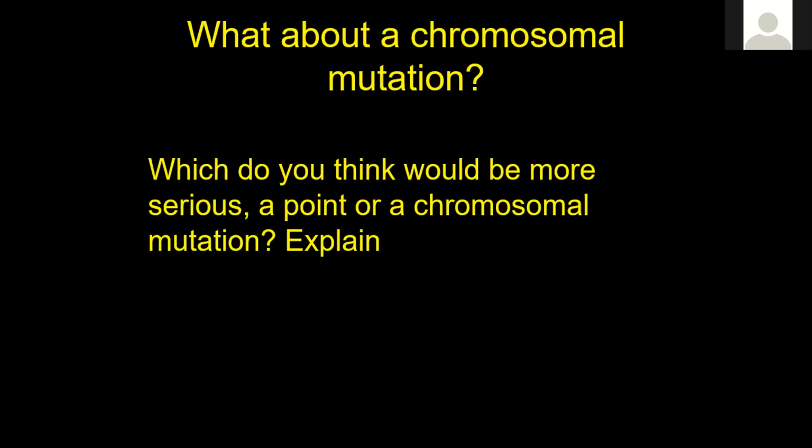So a point mutation might not even make a difference at all in what amino acid is made. Yeah, exactly. So the homework that I had given you guys, how many different codons can you get for tryptophan? There are several codons that give you tryptophan. So even if you had a point mutation, you might not change the amino acid, and that's what's going to make a difference anyway.